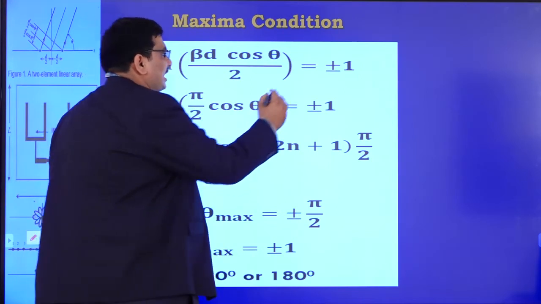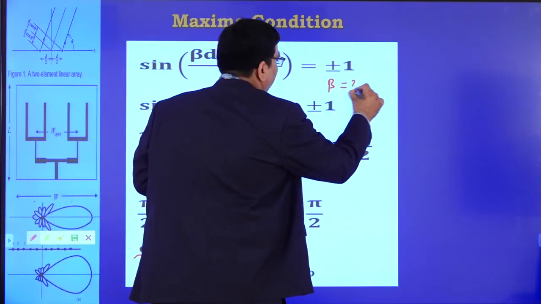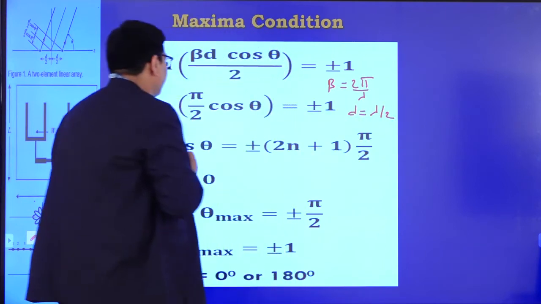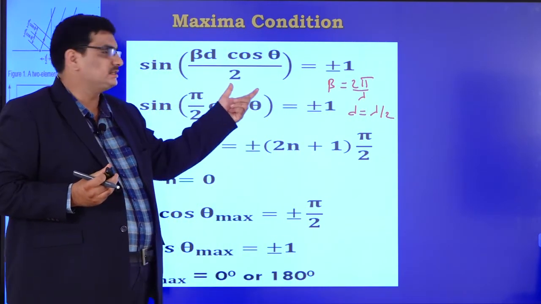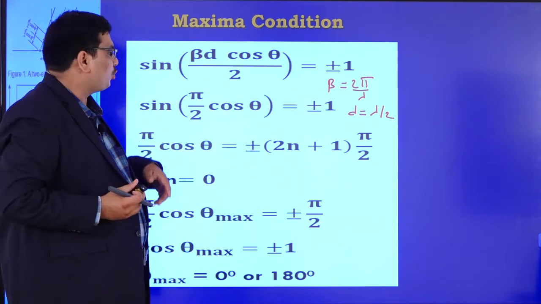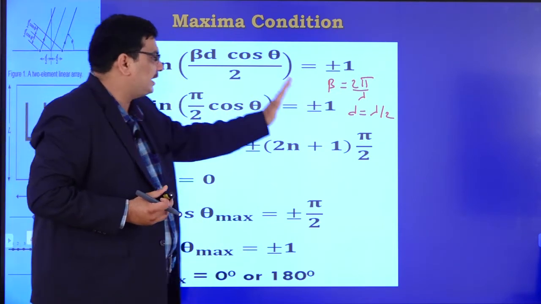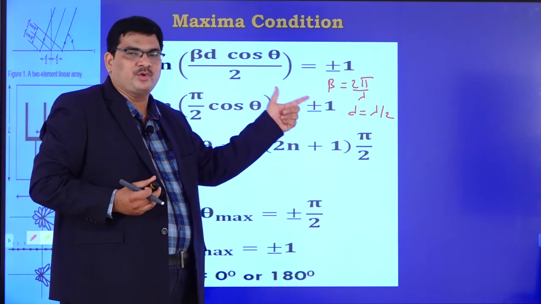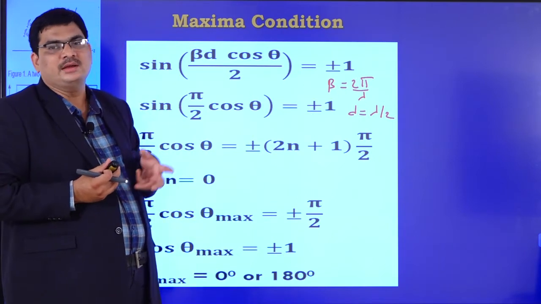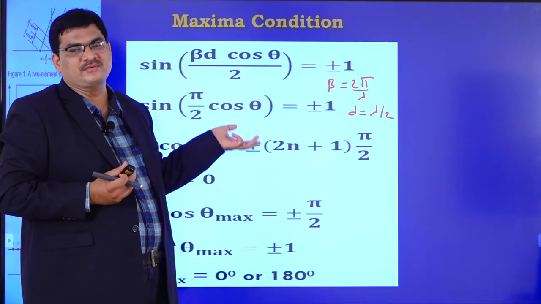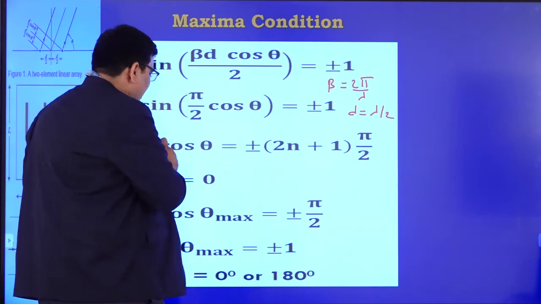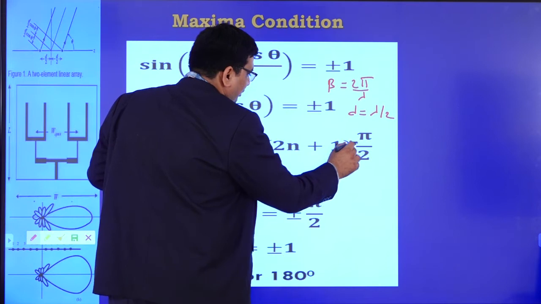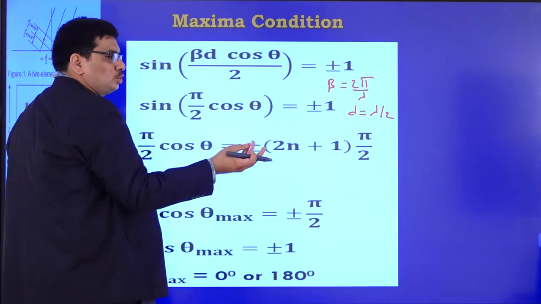Substituting β equals 2π/λ and d equals λ/2, we get sin((π/2) cosθ) equal to plus or minus 1. So (π/2) cosθ is equal to sin inverse of 1, which is 90 degrees and 270 degrees. So (π/2) cosθ is equal to plus or minus (2n+1)π/2, where n is 0, 1, 2, 3 and so on.